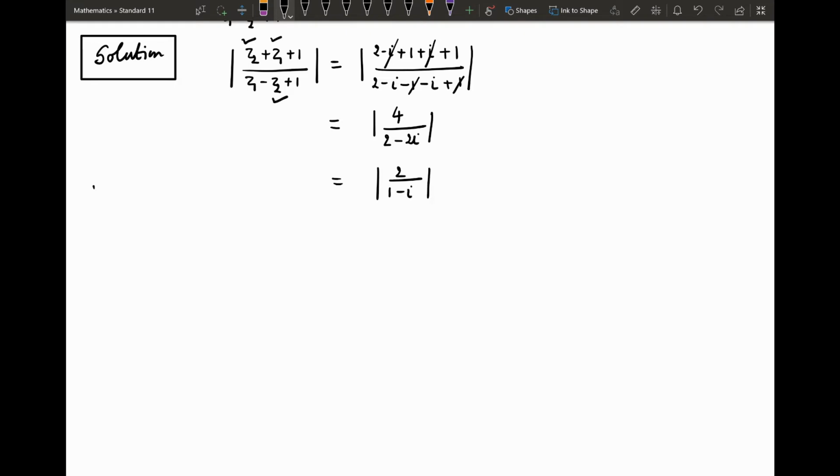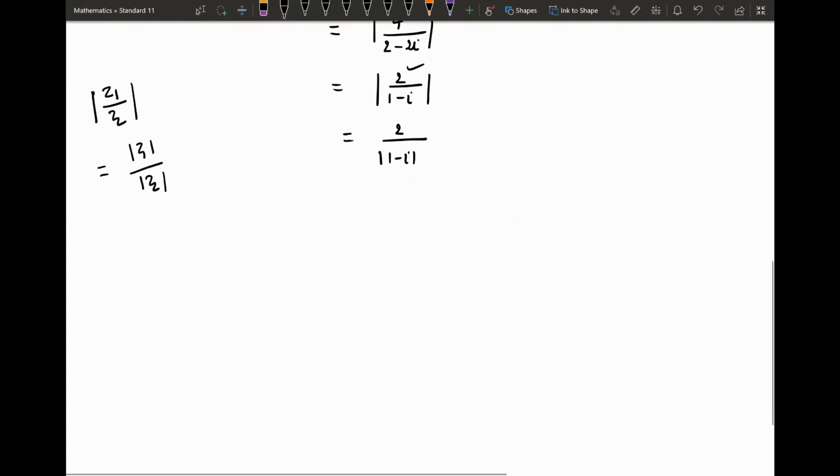Now numerator is a pure real number, so its modulus is 2 upon mod 1 minus i. We have used this property: modulus of z1 upon z2 is modulus of z1 upon modulus of z2. Now modulus of 1 minus i, according to the property, is under root x square plus y square, 1 square plus minus 1 square, so this is root 2, so 2 upon root 2. When we simplify, the answer will be root 2.